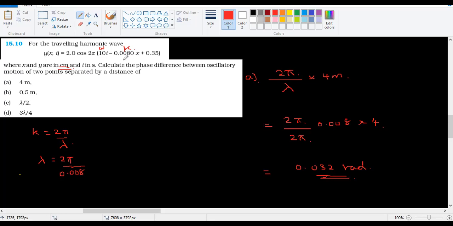This means 2 pi by lambda, so the lambda should also be in meters. But then x is in centimeters, so it means lambda is also in centimeters. Okay, so I made a mistake. So lambda is in centimeters, and this will also be in centimeters.